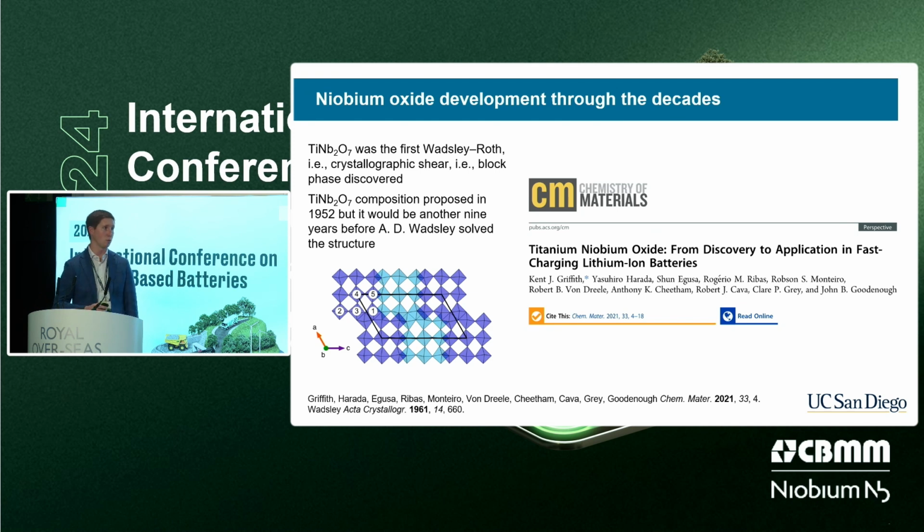What we now know to be a very large family of materials that are crystallographically quite complicated were first unveiled with TiNb2O7. TiNb2O7 of course remains one of the most important of these shear structures and is related to the material being commercialized by Toshiba. This material was solved by Arthur Wadsley, and that's the Wadsley of the Wadsley-Roth structures.